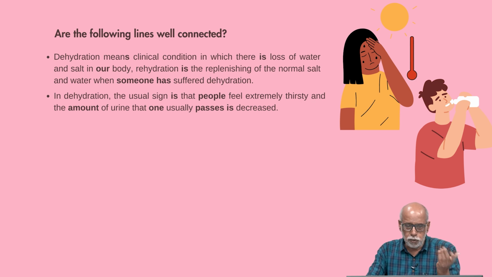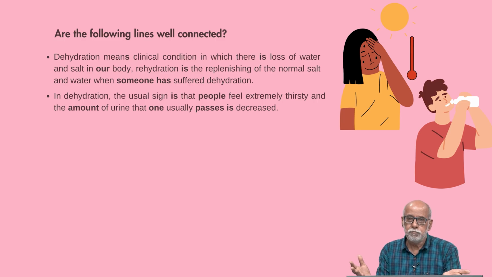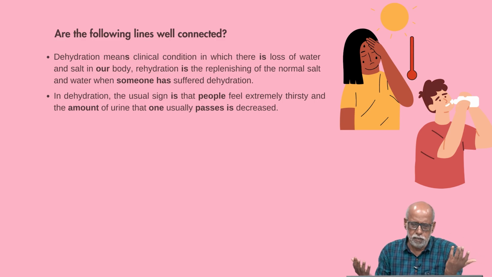Either the writer could have said dehydration means clinical condition in which there is loss of water and salt in one's body, or the other way, rehydration is the replenishing of the normal salt and water when our body has suffered dehydration.